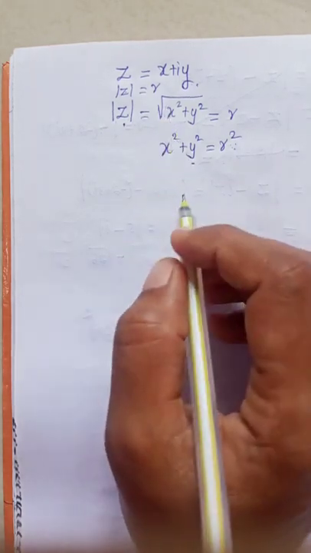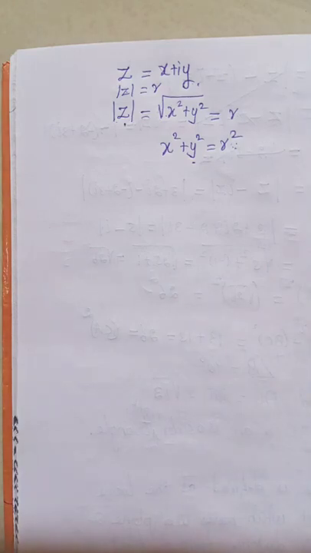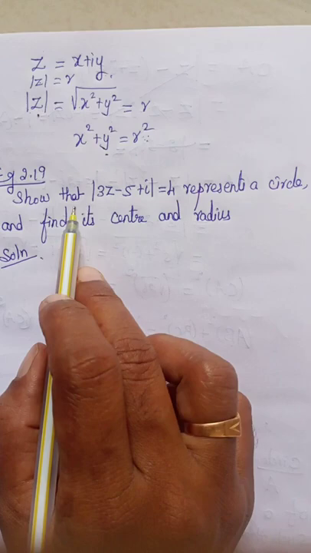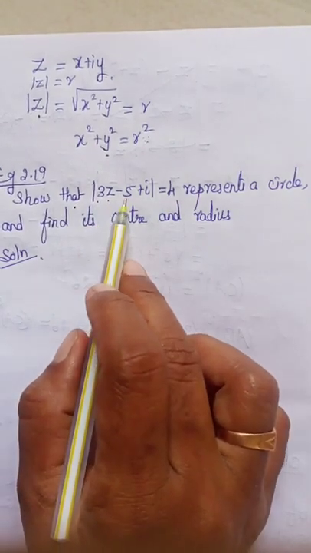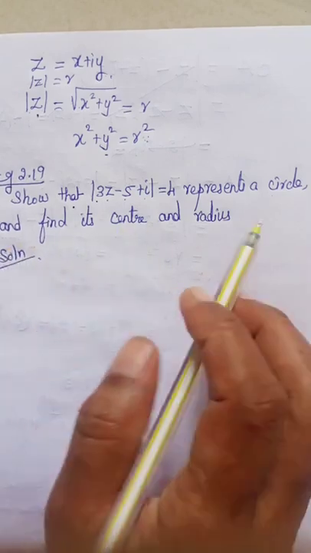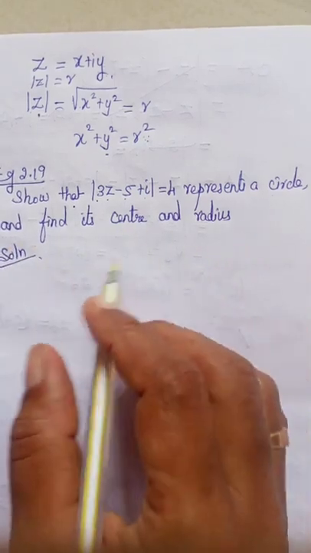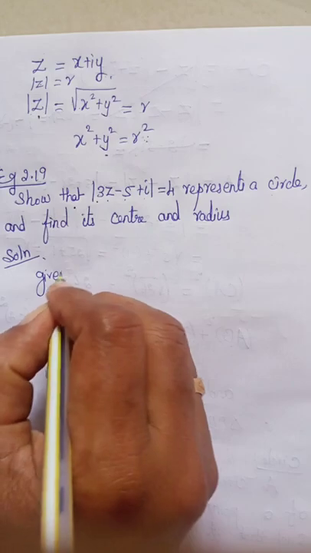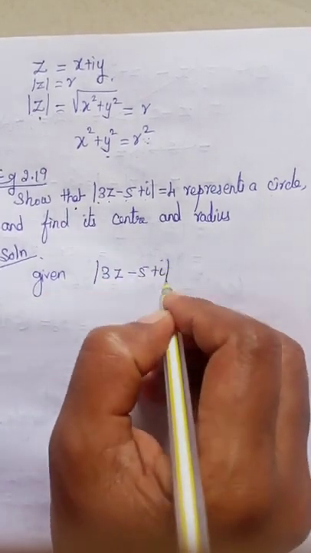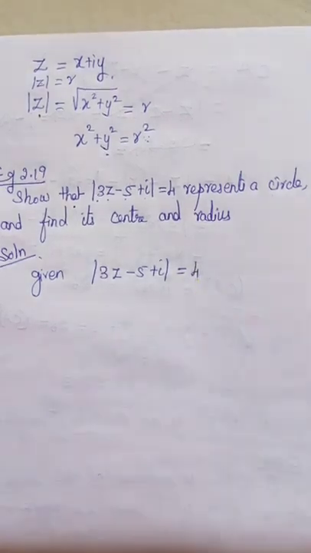Okay, shall we do a problem? Then you can understand more. Example 2.19. Show that modulus 3Z minus 5 plus I equal to 4 represents a circle and find its center and radius. So let me take it as given: modulus 3Z minus 5 plus I is equal to 4.